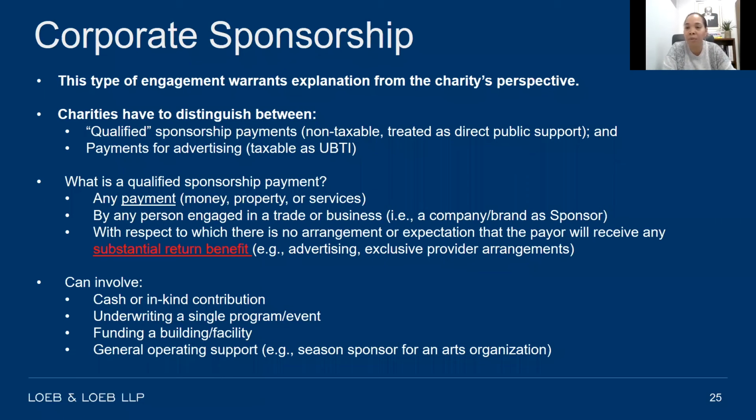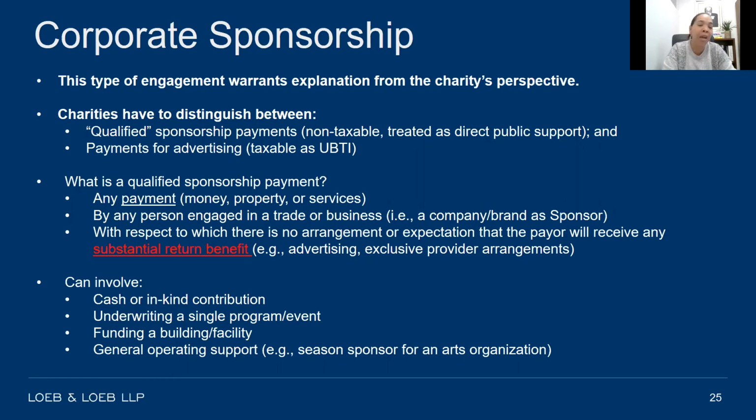So I just want to demystify it a bit. I promise not to go on for an hour about tax law, but just the basics I think are really important and helpful for the corporate side, the marketing side, when you're negotiating with a charity.